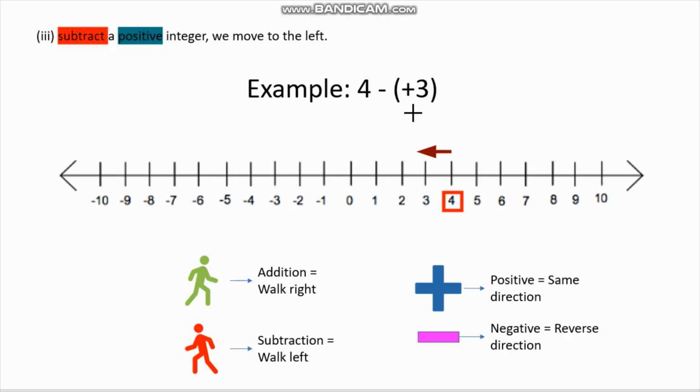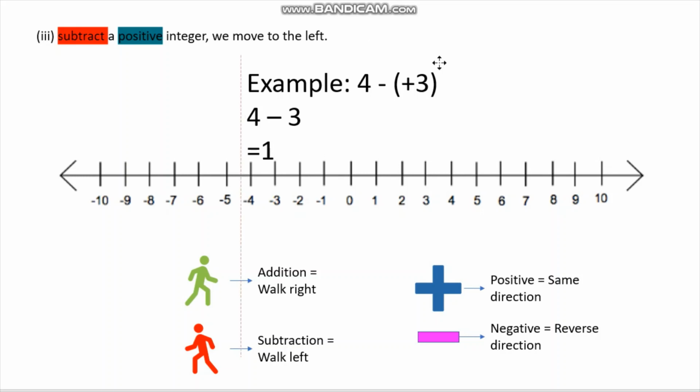Plus 3 is positive, right? So we have to keep going in the same direction as indicated by the sign of the integer. So we have to go 3 times to the left. So that will get us to 1. So 4, this example will get us to 1. That is nothing but 4 minus 3, which is equal to 1.